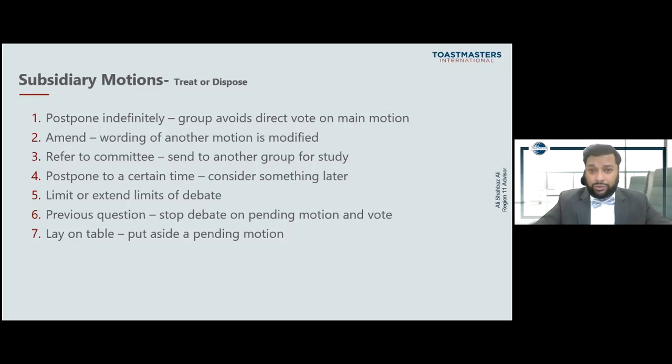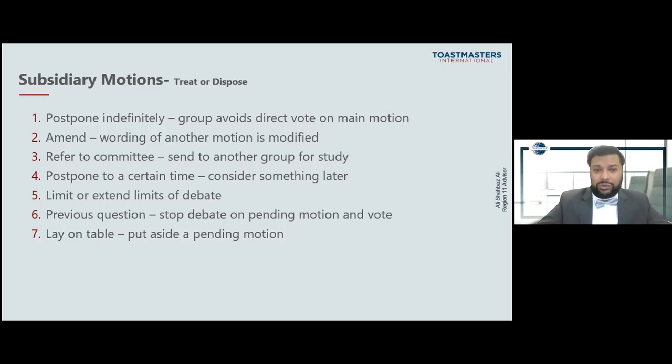Here is what we can do. We can change the motion from postpone indefinitely to refer to a committee. Even that's a motion. As you see on the chart here, we can even postpone it to a certain time. That's another motion. So we have a choice of doing that as well.